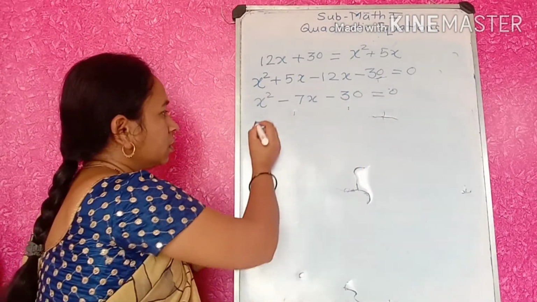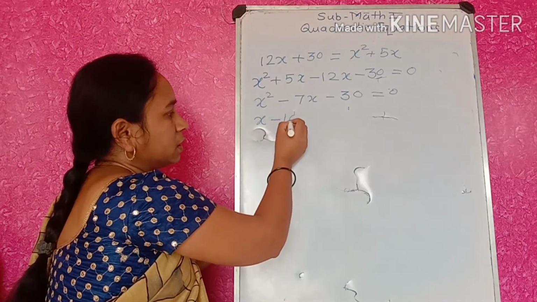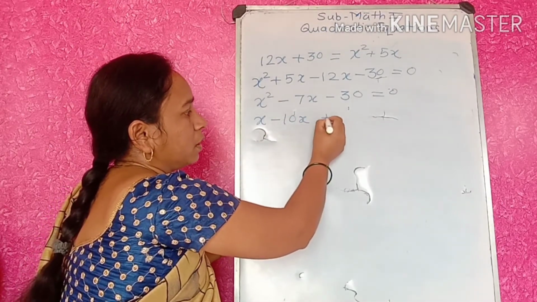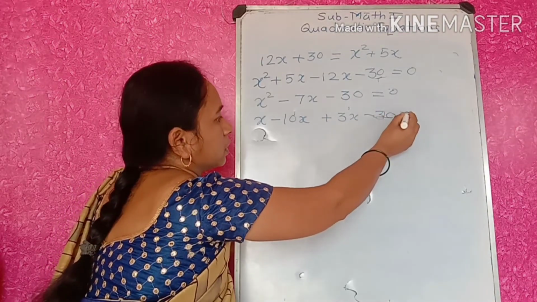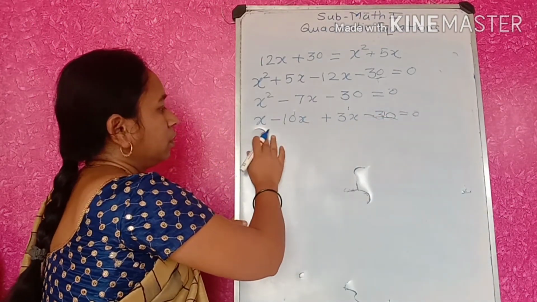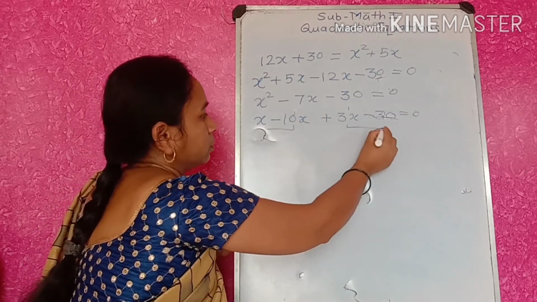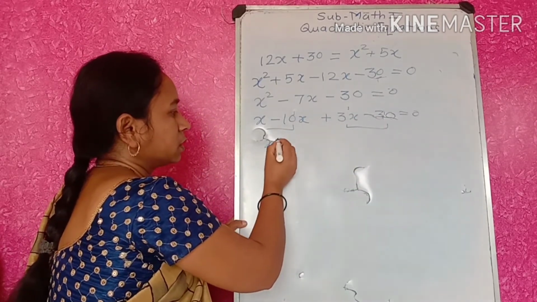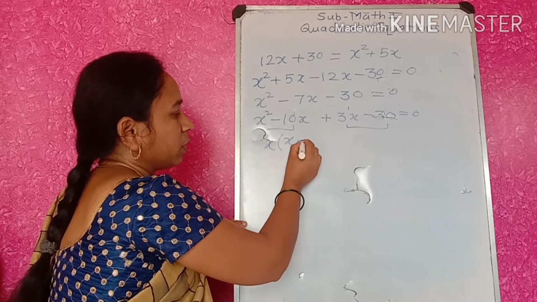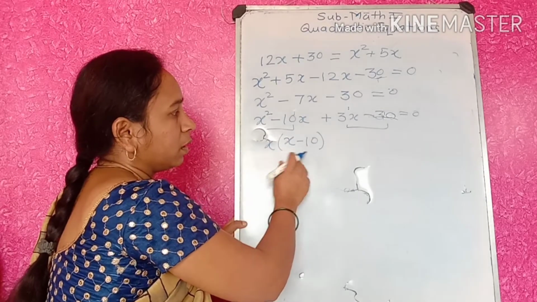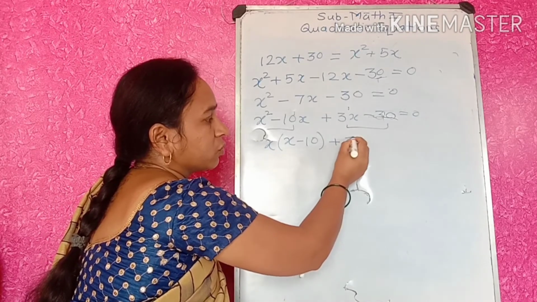30's factors: x square minus 10x plus 3x minus 30 is equal to 0. Take common from these two and these two. So x, minus 10 will be left, plus 3 is common.